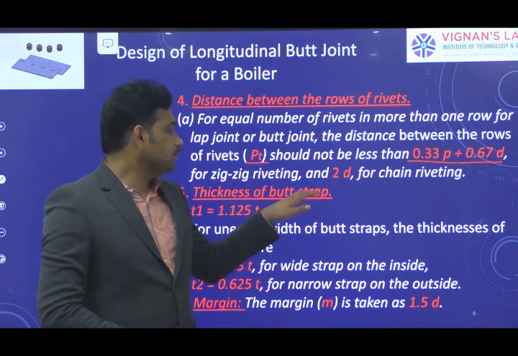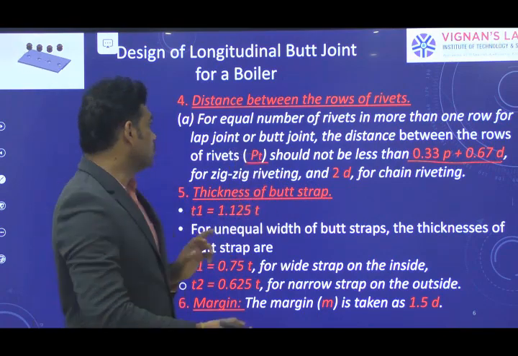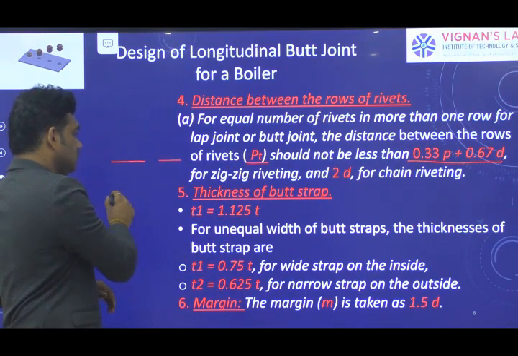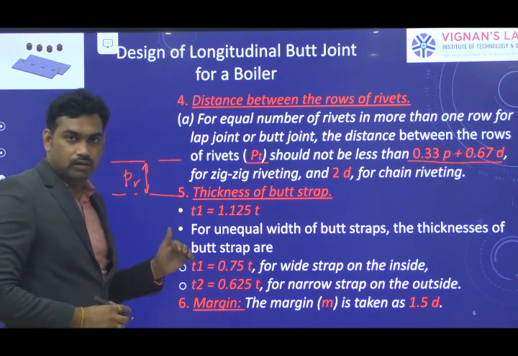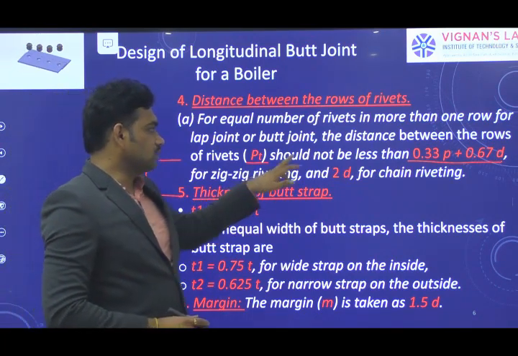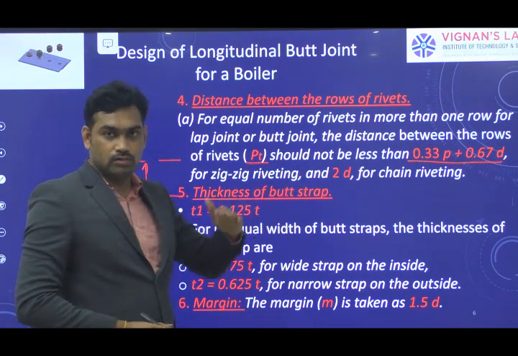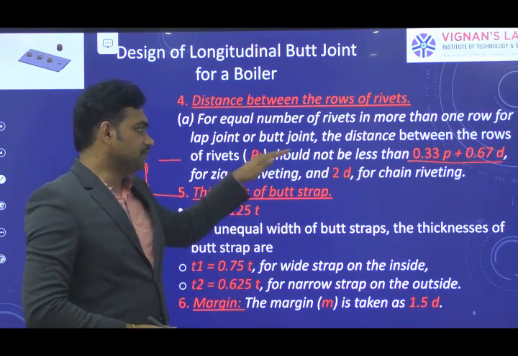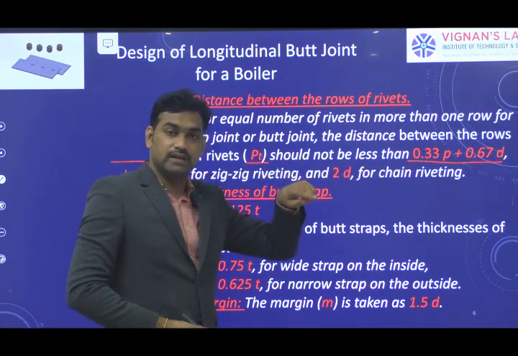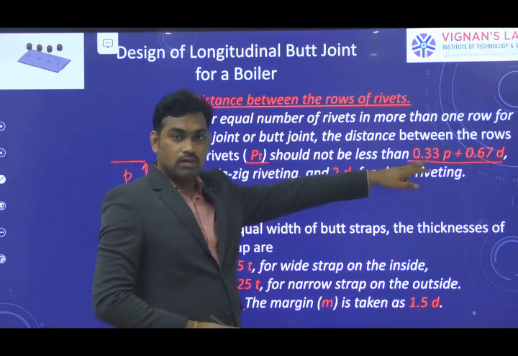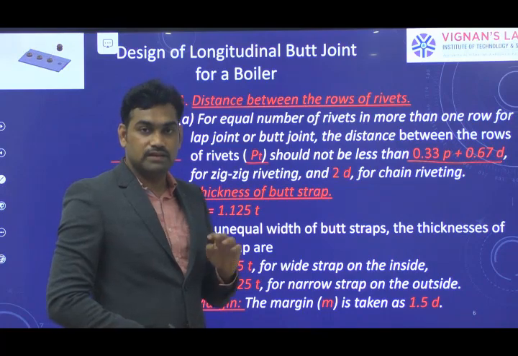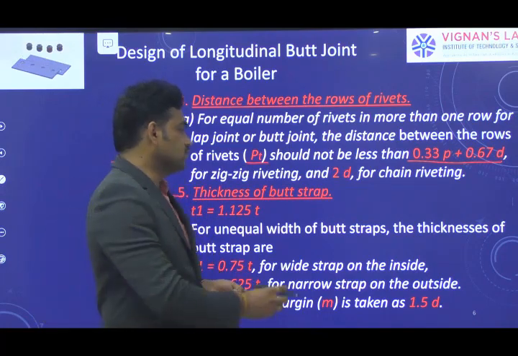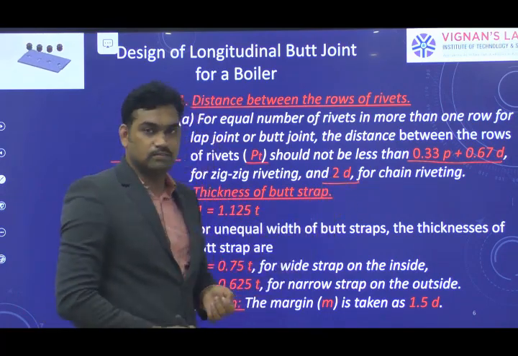Row pitch means the distance between the inner row and the middle row, as well as the middle row to outer row distance. If it is zigzag riveting, you can provide 0.33p + 0.67d between the inner row and middle row. If it is chain riveting, you can provide 2 times the diameter, that is 2d.